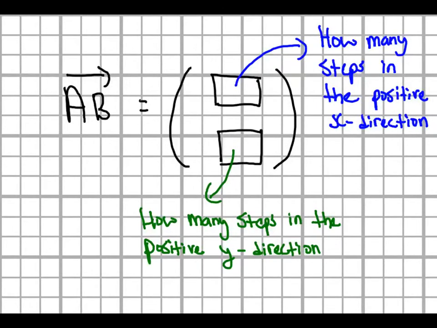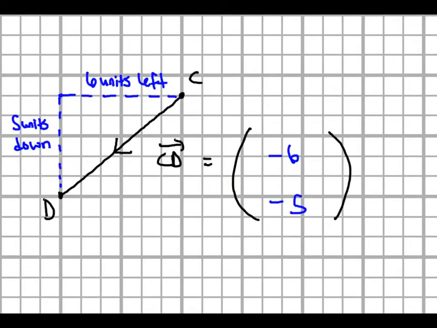Why is that so? Let's take a look at this vector CD. Notice that from the starting point C, I move 6 units to the left and then 5 units down. The matrix representation of this vector is -6 and -5. Therefore, when you move in the negative X direction, there must be a negative sign.